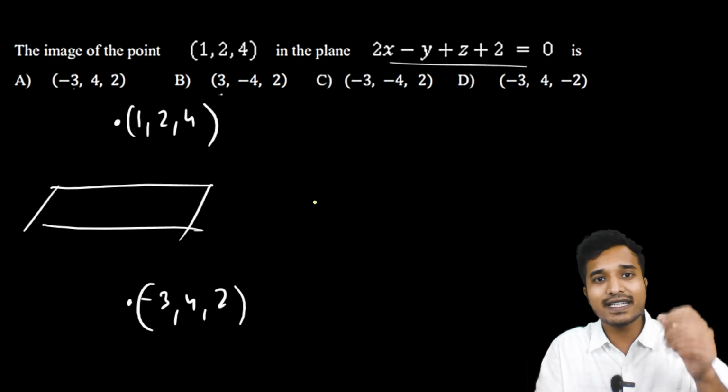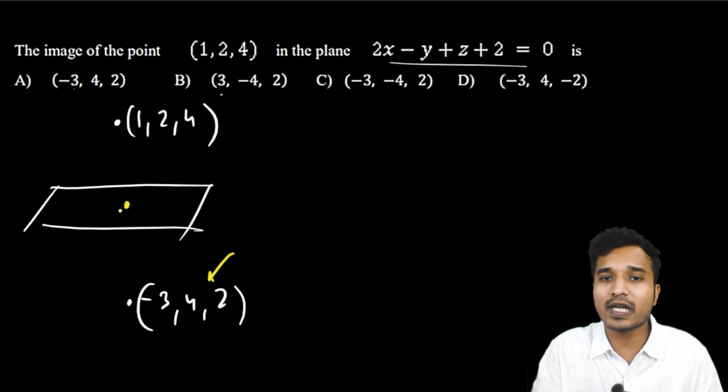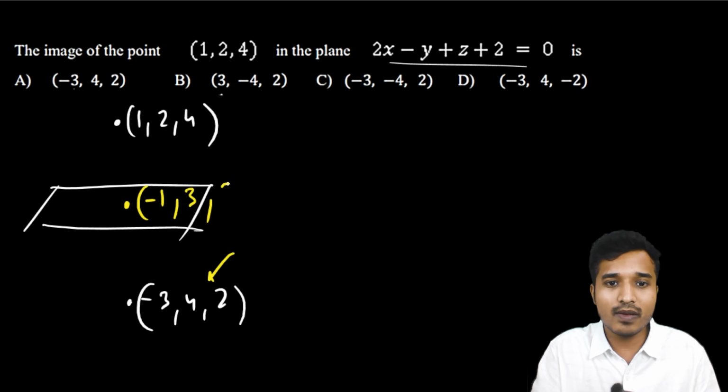So we can consider cases. Let's say if this is the answer, then what will be the midpoint? The midpoint will be 1 plus minus 3 divided by 2, that will be minus 2 divided by 2, which will be minus 1. 2 plus 4 divided by 2, so that will be simply 3. 4 plus 2 divided by 2, so that will be simply 3.